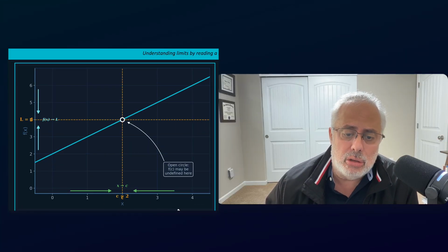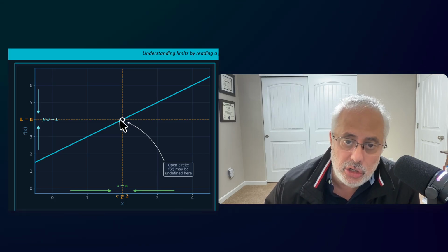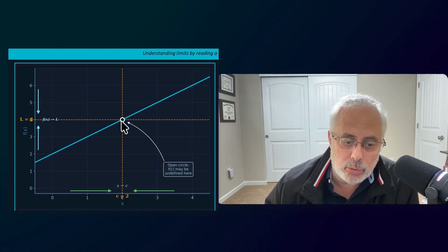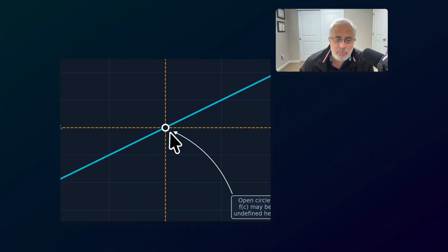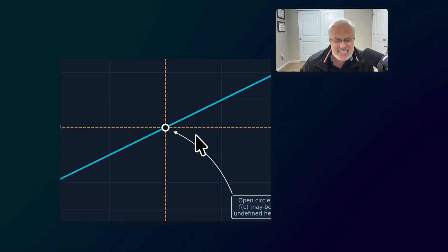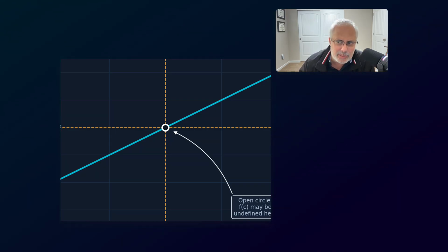This is essential, really essential. It doesn't matter what happens here at the value of the function when x is equal to 2. What is important is what happens to the right and to the left. What is f of x for those values closer to 2 from the right and closer to 2 from the left?